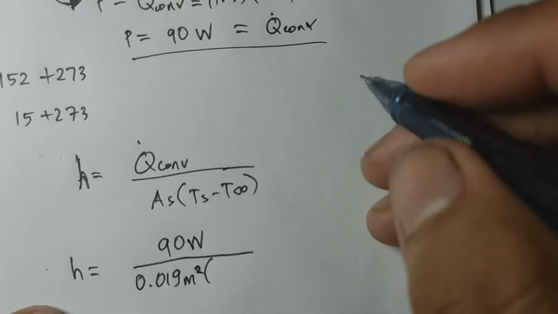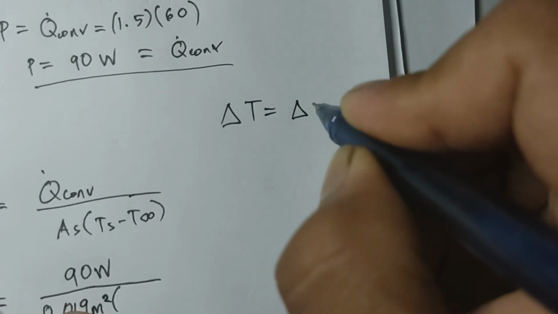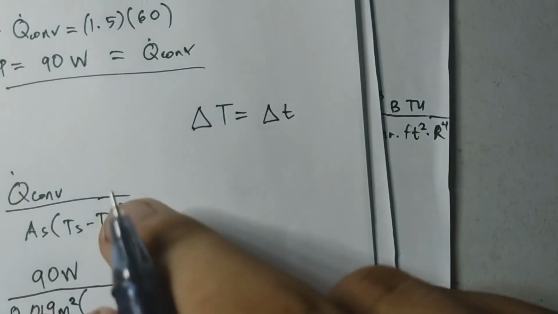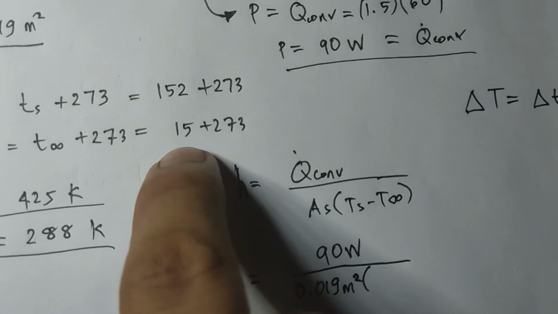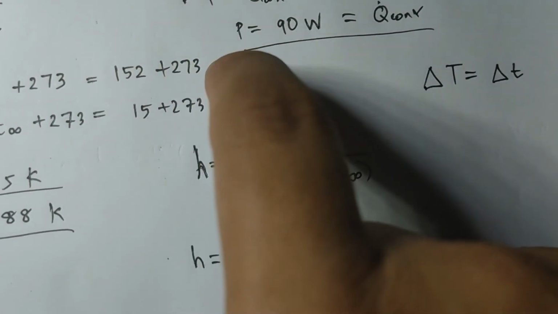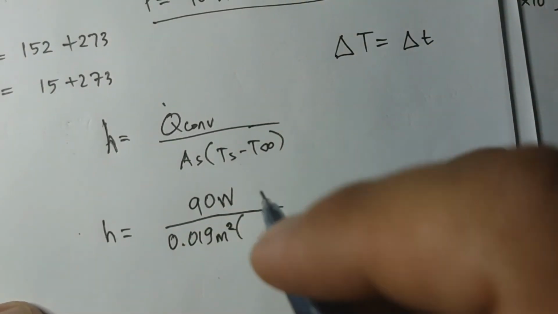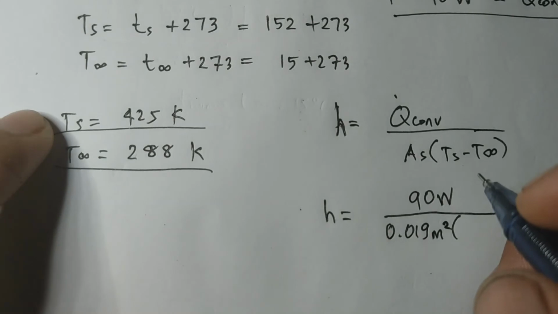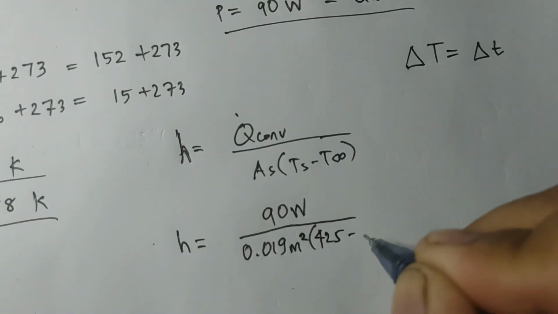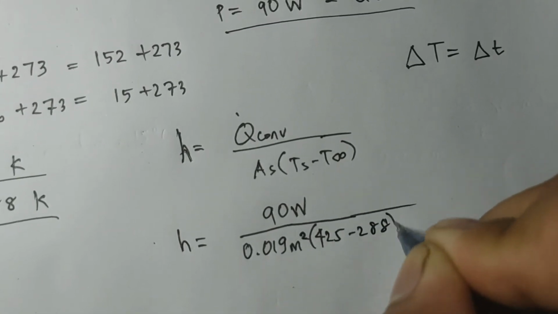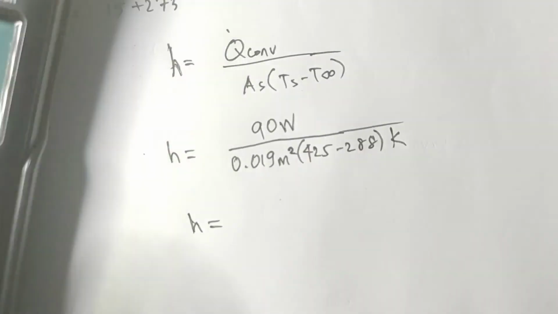So dito mako-conclude natin na ang delta T ng absolute equal lang siya sa delta T ng arbitrary temperature. Kaya pwede natin gamitin yung direkta yung 152 minus 15. Pwede rin namang 425 minus 288. So gawin na natin to kasi T na malaki parehas, diba? So 425 minus 288 Kelvin.